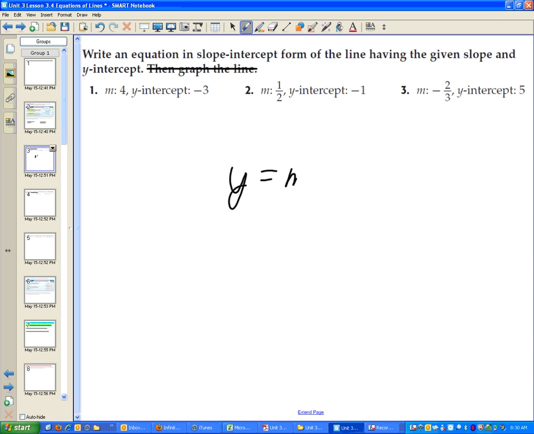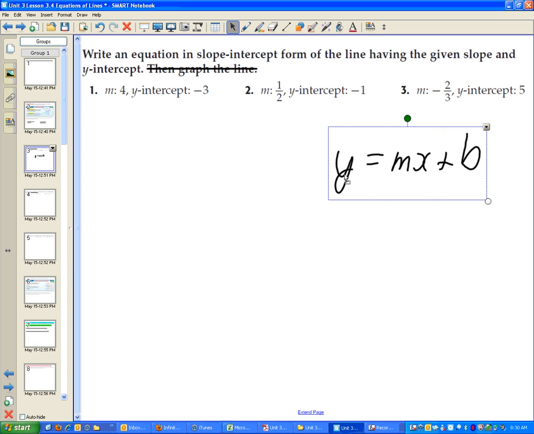Y equals mx plus b is our slope-intercept form of a linear equation. So we want to get our equation in that form. So the letter y stays in our equation. The letter x stays in our equation. But m doesn't. It gets replaced by a number. B doesn't. It gets replaced by a number. So we need to know m and b.